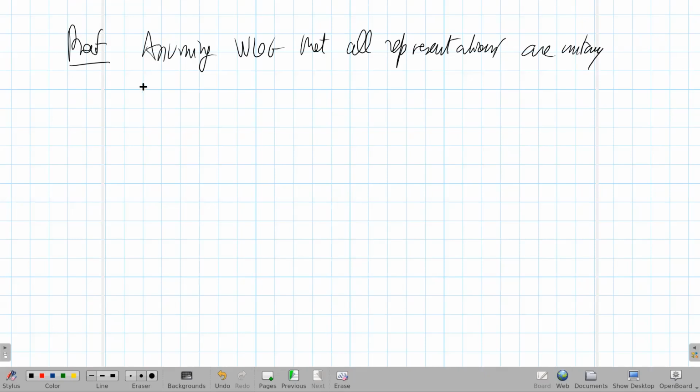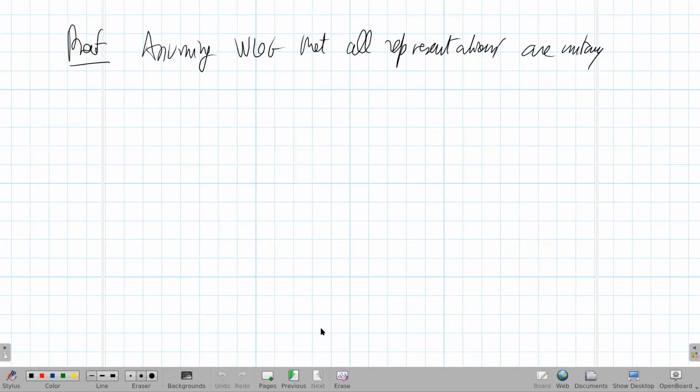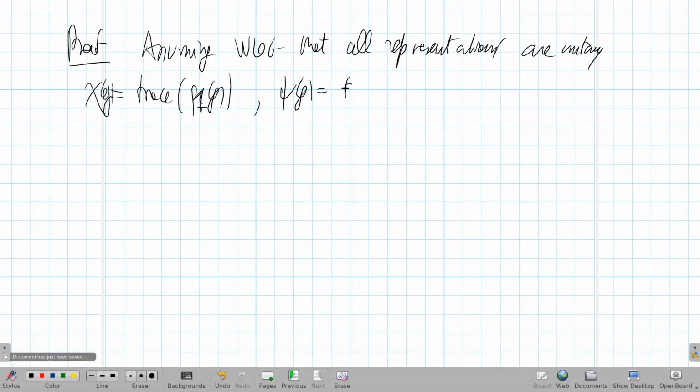Then in the first case, when you have two characters of two non-isomorphic representations, suppose that chi of g is the trace of rho 1 of g, and psi of g is the trace of rho 2 of g.